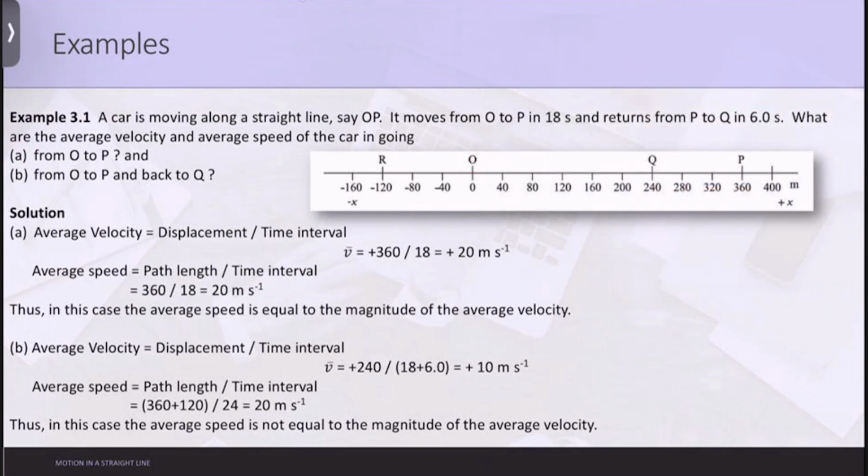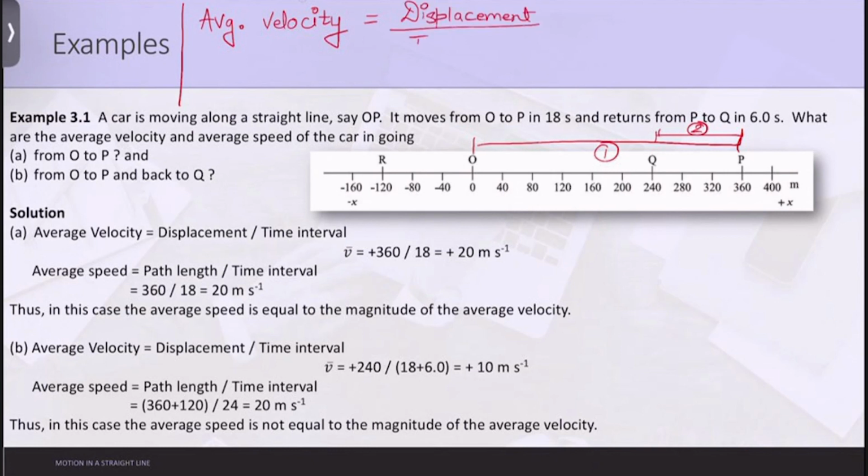Next question says that we need to go from O to P and back to Q. Okay. So this is the complete path length. This plus this. Okay. So let us denote this by 1 and this by 2. First of all, let us calculate the value of average velocity. So average velocity is nothing but equal to displacement upon time taken.